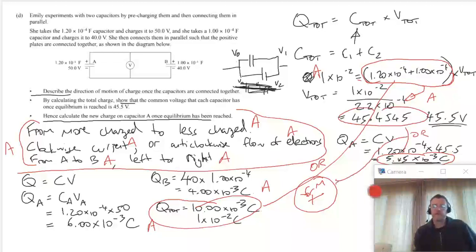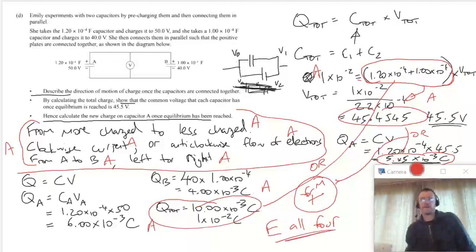So you needed two correct calculations that were important in the process, and for excellence you needed all four parts, which is really just to say you needed to get to the correct answers through each bit, which is not really that hard. This was nicely broken down for you.